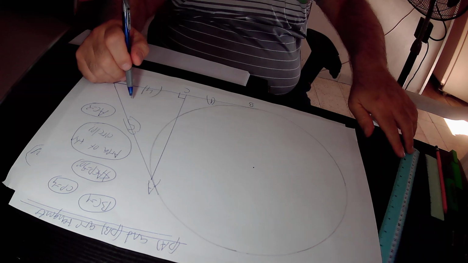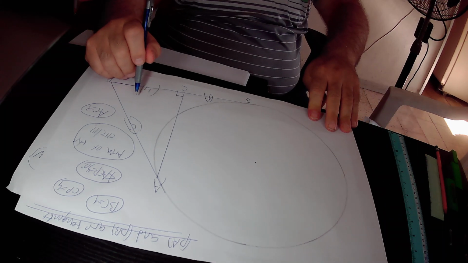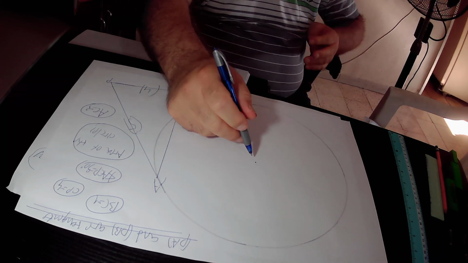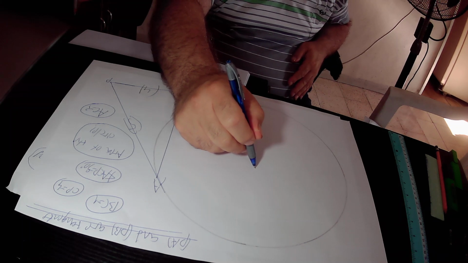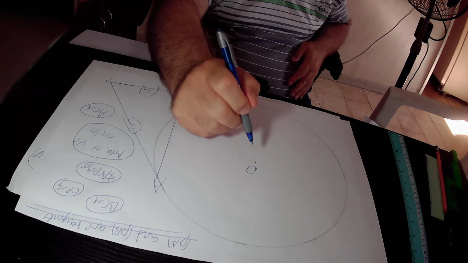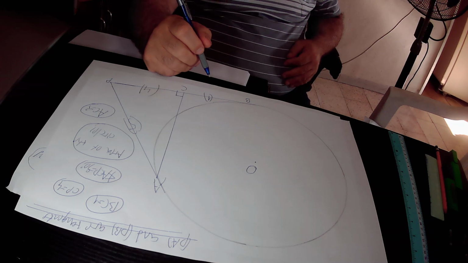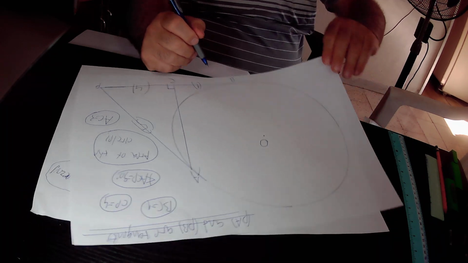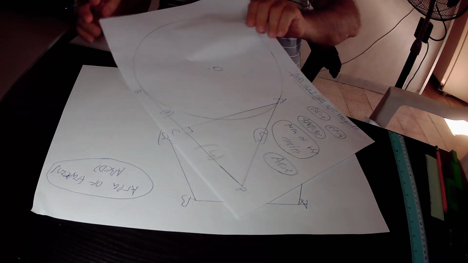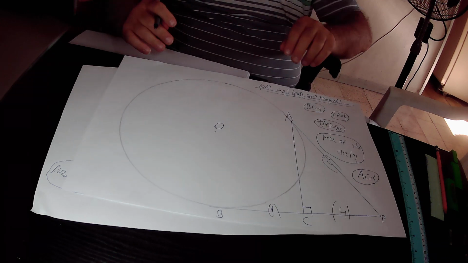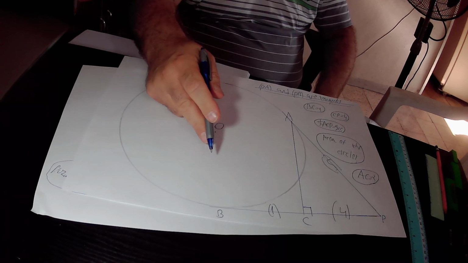In the next step, we will define the center of this circle. This point is point O. And we'll join points O and B together by a straight line.